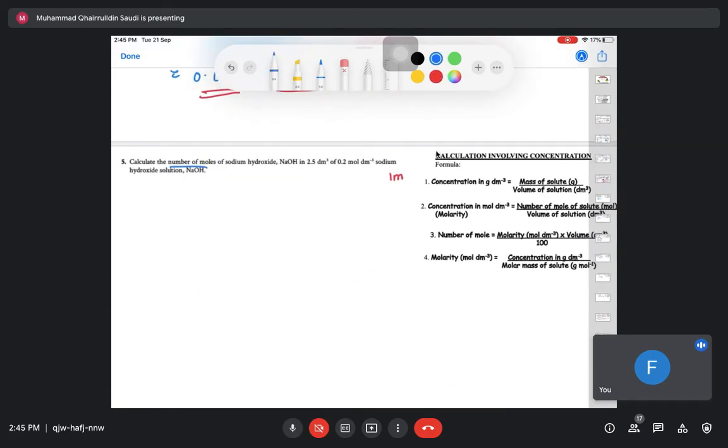Calculate the number of mole of sodium hydroxide in 2.5 decimeter cube of 0.2 mole per dm cube. Okay, which formula should we use this time? Good, formula number 3. Number of mole is equal to molarity times volume. So the molarity is 0.2 mole per dm cube, and the volume is 2.5 decimeter cube. Do we have to divide it by 1000?